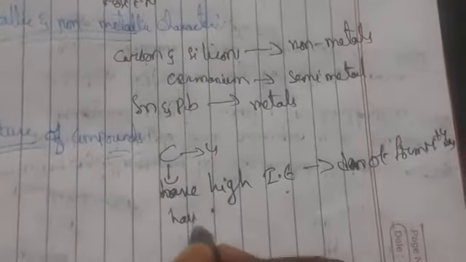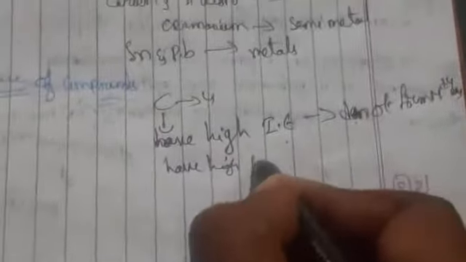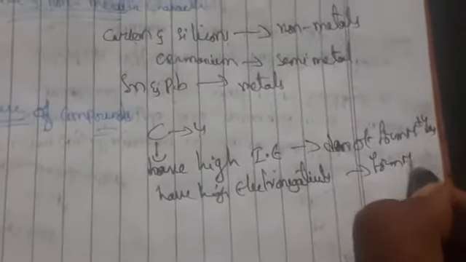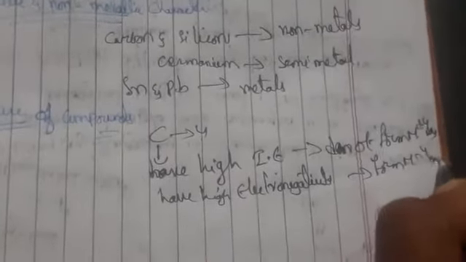Why? Because of the high ionization energy they are not forming M plus 4, but it is having valency 4. So then what will it form? Because of the high electronegativity, they form M minus 4 ions. So they form negative charge.